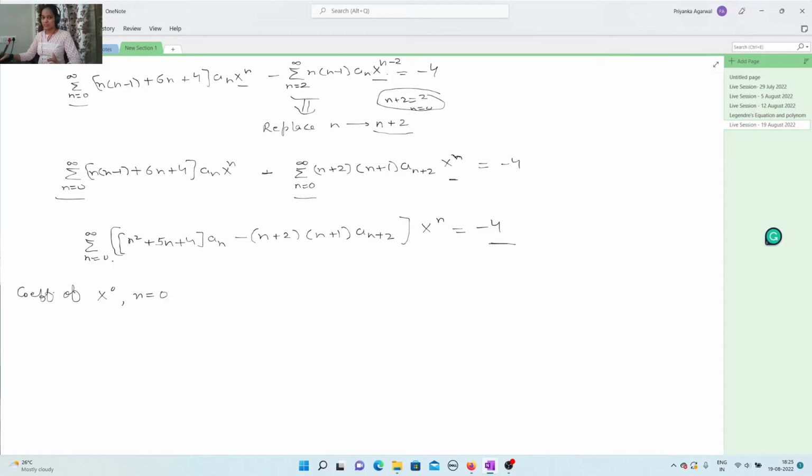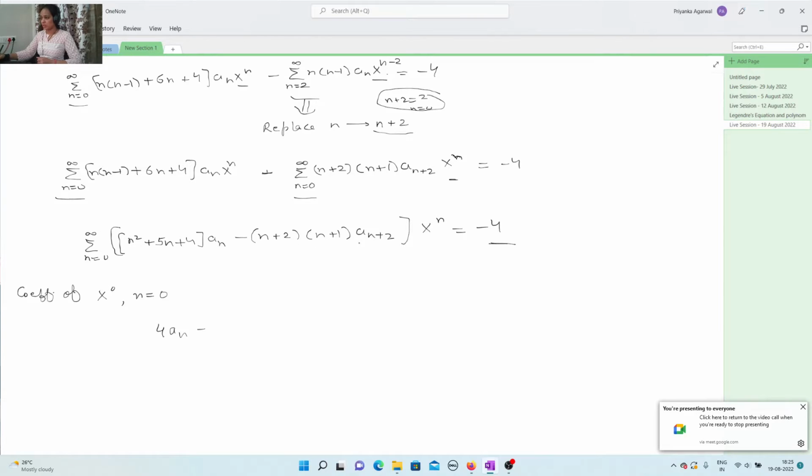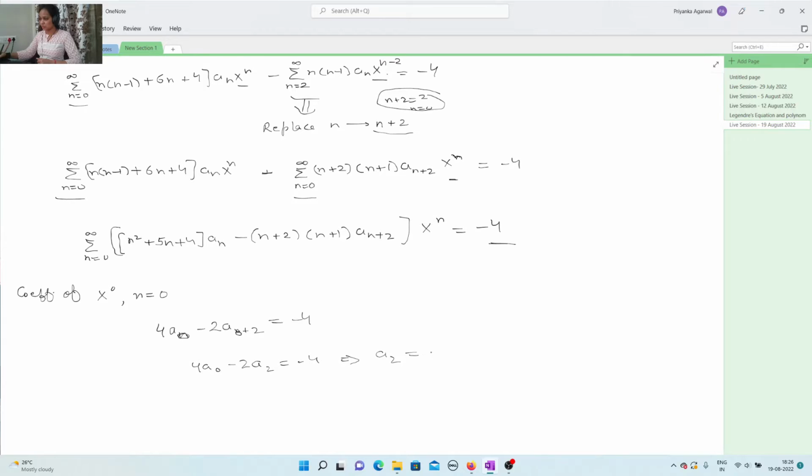If we substitute n equals 0, this constant term will become 4 a0 minus 2 into 1, so 2 a2, 4a0 minus 2a2 equals minus 4, and this gives us a2 equals 2a0 plus 2. So this is the relation we have got between two coefficients.